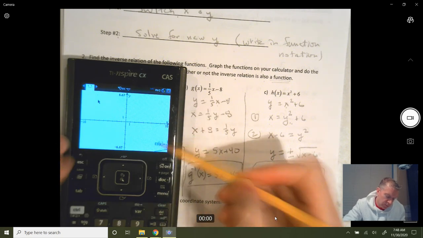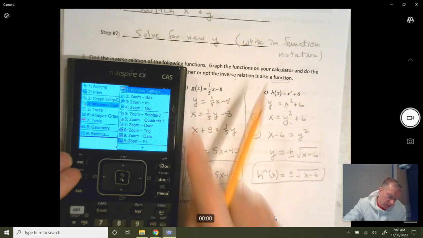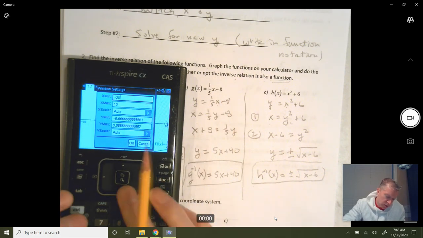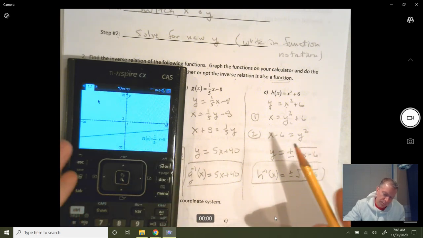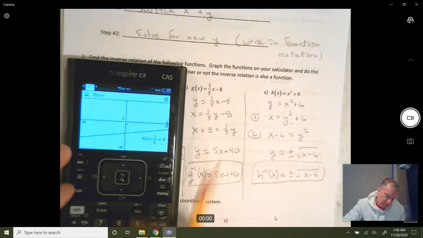So I'm going to change my window, menu, window settings. Let's say negative 20 to 20. You can see that a little better. Now I'm going to graph the inverse, 5x plus 40.